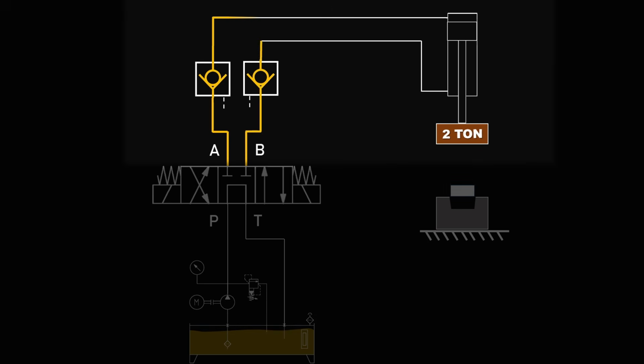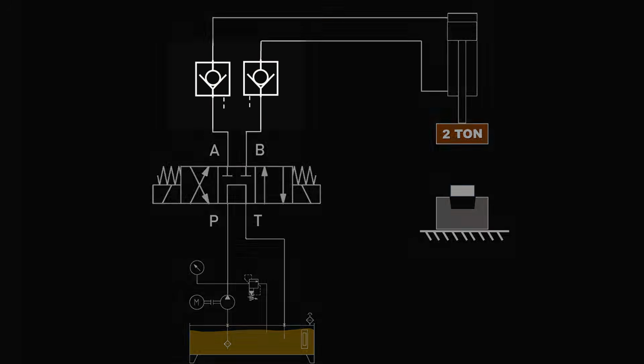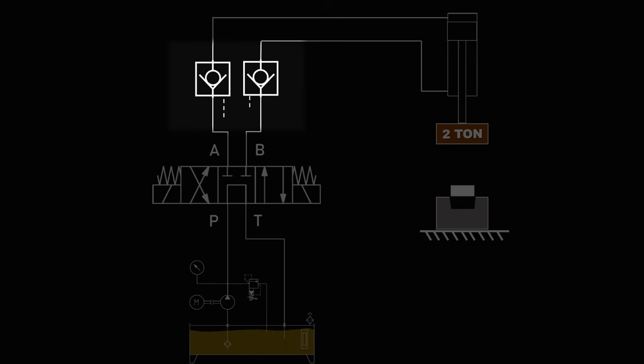Now, oil can flow freely into the cylinder, but oil cannot come out unless the check valve receives a pilot signal. And here is the key idea. We connect the pilot lines of each check valve to the opposite cylinder ports. Now understand it carefully.